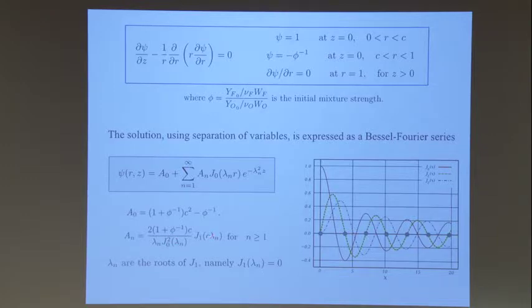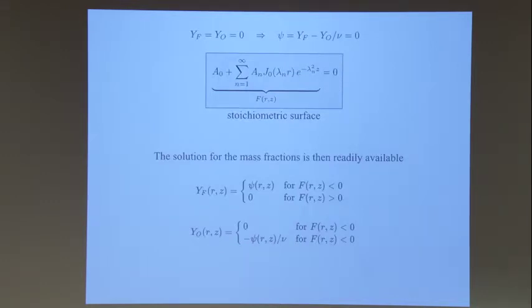And those lambdas are the roots of J1. Those are the eigenvalues, which are all those dotted points here, right? So everything is known. You can evaluate as many terms in the series as you want, and talk about the flame height as well as the concentration of fuel or oxidizer, depending on which side you are.